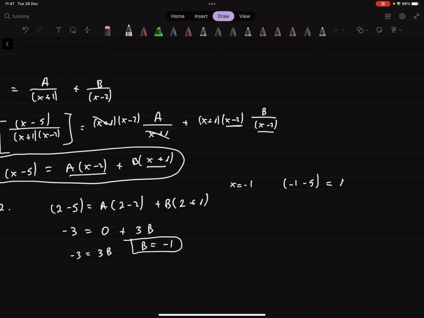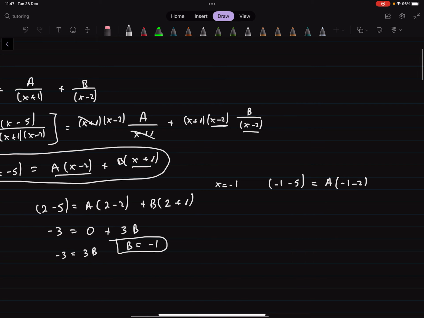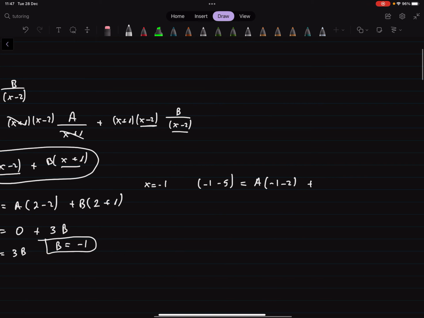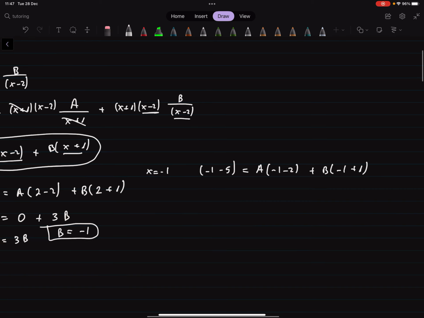On the right side, we have a, x is minus 1, so minus 1 minus 2, and then b is going to become 0, so plus b, minus 1 plus 1. Now, minus 1 minus 5 is minus 6. And then we have a, minus 1 minus 2 is minus 3, plus 0 as b becomes 0. So we have minus 6 equals minus 3a, and then a is equal to 2.